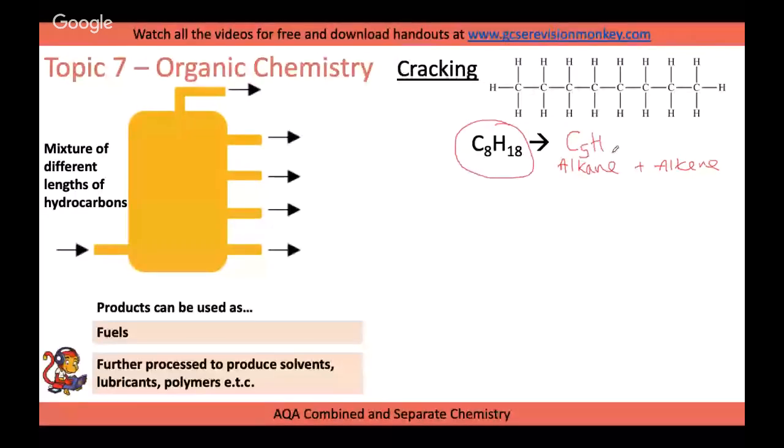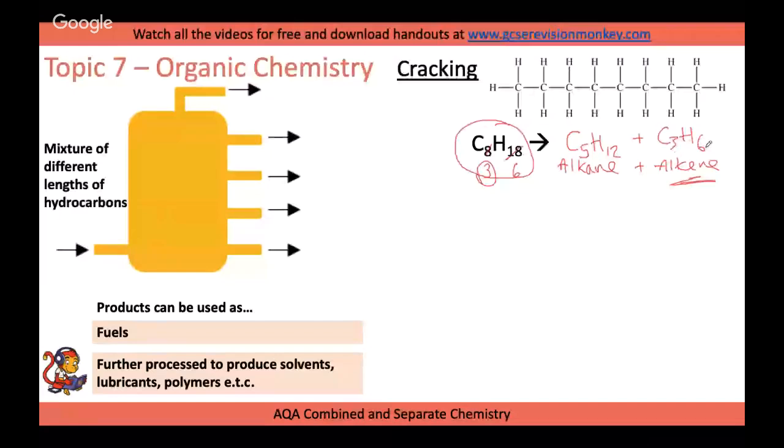So we use 5 of these, leaving 3, and we've used 12 of these, leaving 6. The product that you make will be an alkene. So that would be C3H6. And this time you can see that it's just double the number of carbon, not double plus 2.